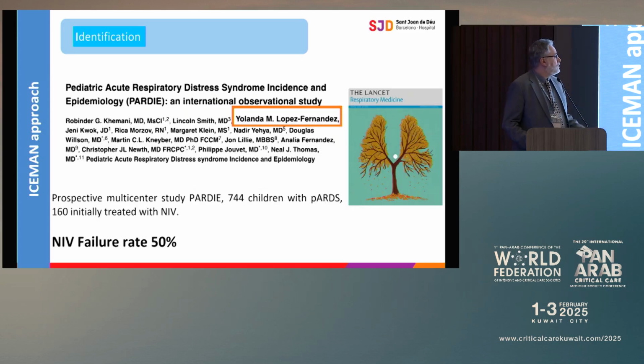Later on, thanks to the PARDY study, a prospective cohort of 160 patients on NIV with the diagnosis of PARDS, the success rate or the failure was around 50%. So these are very risky patients. We want you to be enthusiastic, not crazy, doing NIV. So be very cautious with these patients.